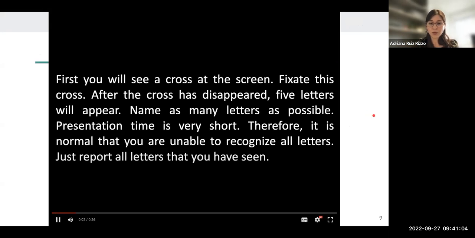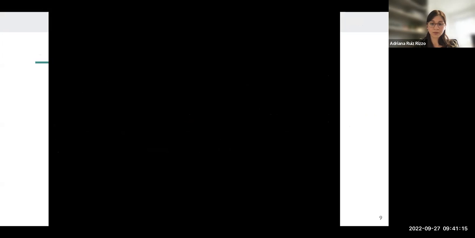So there is first the instruction for the participant. Now this will be the time when the participant reports the letters. Next trial.